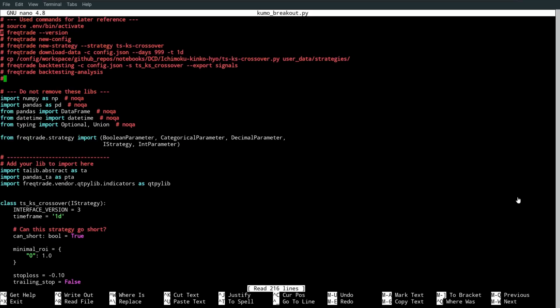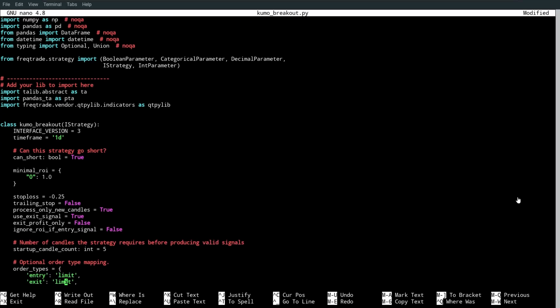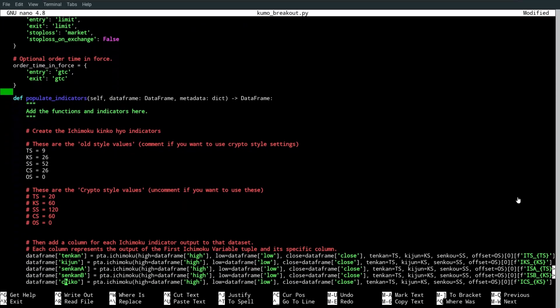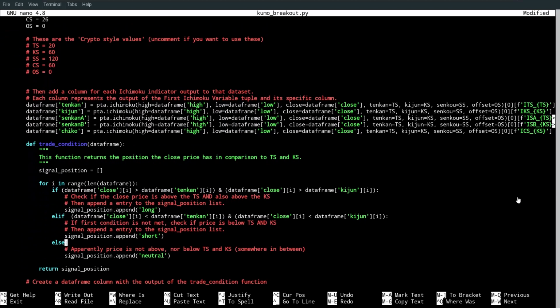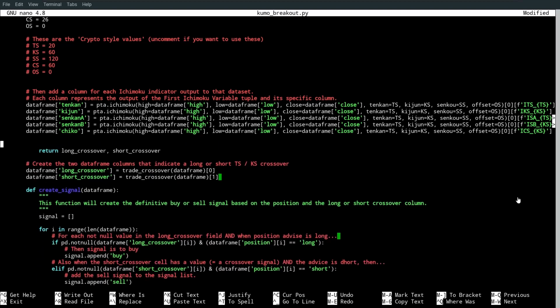Then I will rename the strategy class to the Kumo Breakout as well, because otherwise I will get an error. And the next thing I will do is remove the old code that's in the indicator section and paste the section I have prepared in the Jupyter shell.